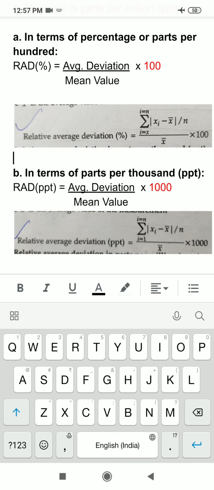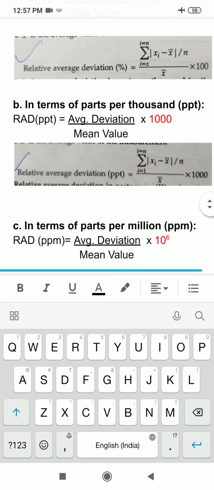This becomes average deviation, and dividing it by mean value, which is given by x bar, that becomes relative average deviation. If we want to express it in terms of percentage, we multiply it by 100. So relative average deviation in percentage will be equal to summation of xi minus x bar from i equal to 1 to n divided by n, whole divided by x bar, into 100.